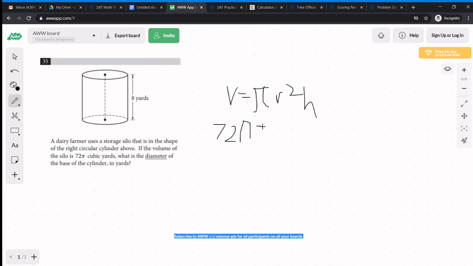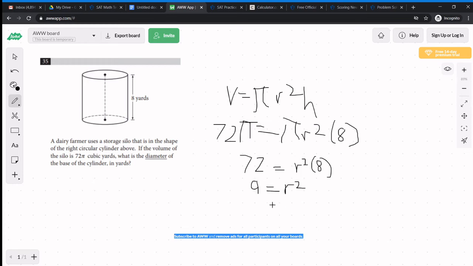72 pi equals pi r squared times 8. So let's divide by pi. 72 equals r squared times 8. And now let's divide by 8. So we get 9 equals r squared, which gives us r equals 3.